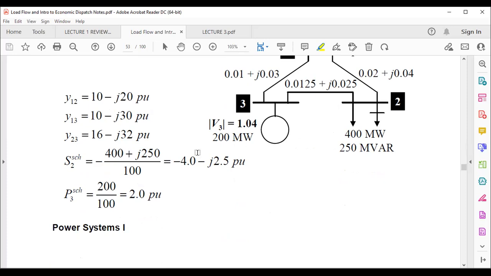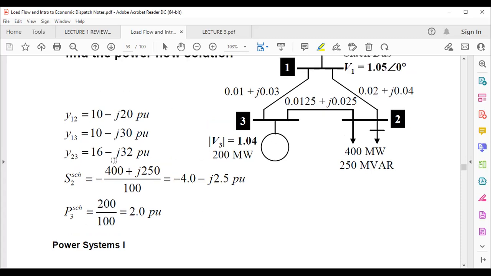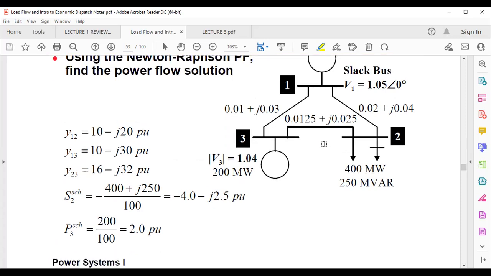Then secondly, remember it's easier to work with per unit values. If you notice, the impedances are already set in per unit values, so the powers will also be set in per unit values. We can use a base of 100. It's easier to divide by 100 than anything else.